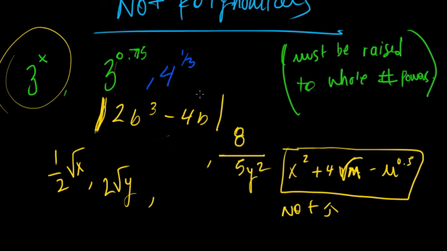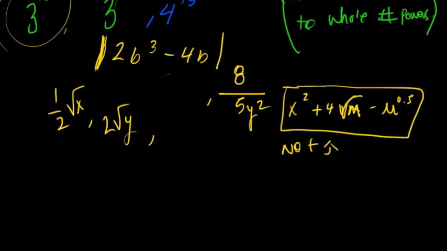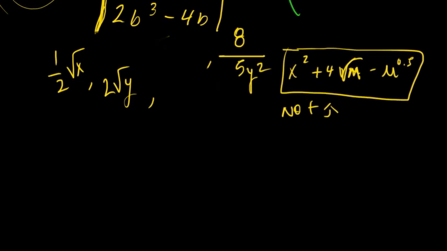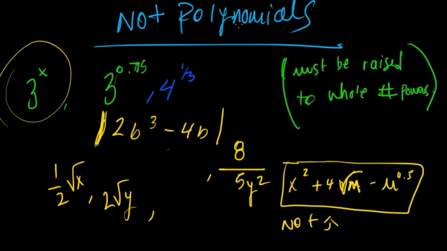These absolute values aren't polynomials. Square root of variables aren't polynomials, okay? And division, most importantly, is not a polynomial, okay? Now, we're actually going to classify polynomials by their degrees, okay? Well, we'll do that in the next video so I can introduce you to degrees.